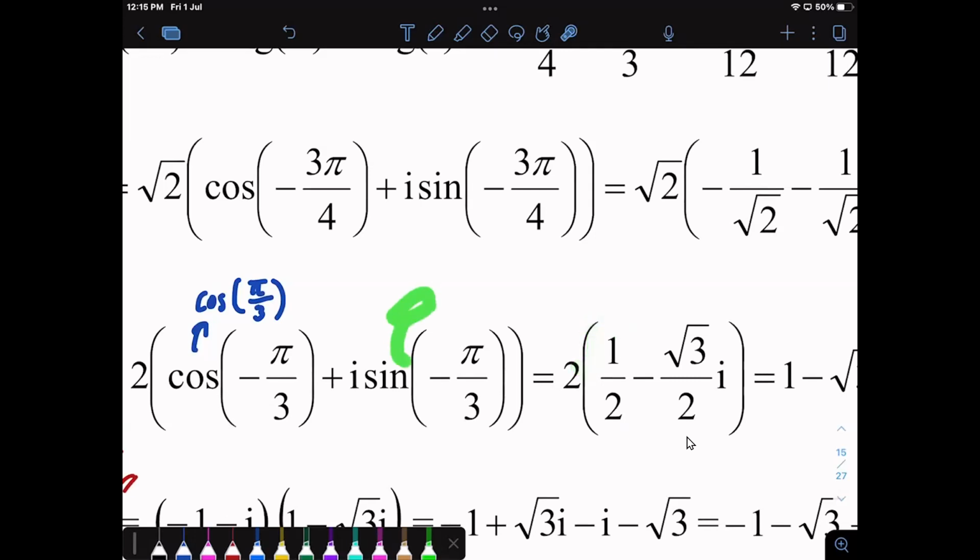But I cannot just key in. Actually, if you key in, it will work for half. But for square root 3 over 2, can you get the exact value? Depends on your calculator model. Some calculators can, but mine cannot. It will give me decimals.